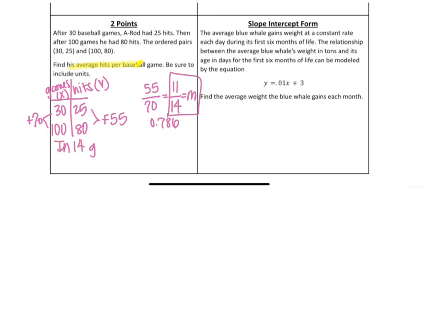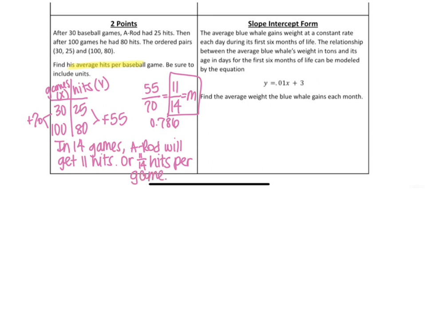So in 14 games, A-Rod will get 11 hits. Now I know hits was on top because hits was my Y value, right? And 11 is on top and change in Y is on top. Or 11/14 hits per game.